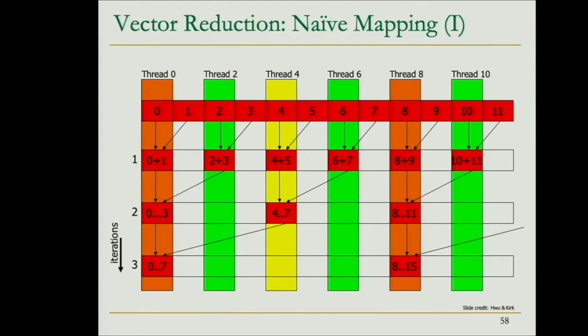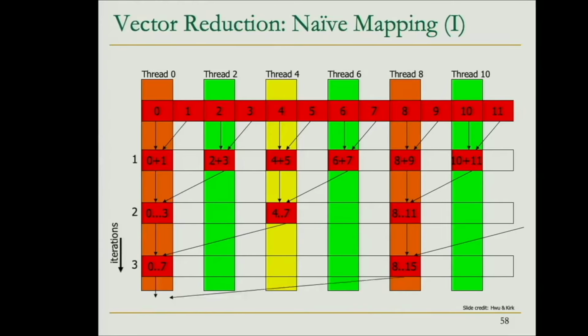But observe that these threads are, iteration after iteration, farther away from each other. Actually, from the very beginning, I only have thread 0 and thread 2 computing, and thread 1 and thread 3 are doing nothing. So even in the first iteration, I already have 50% SIMD utilization, right?